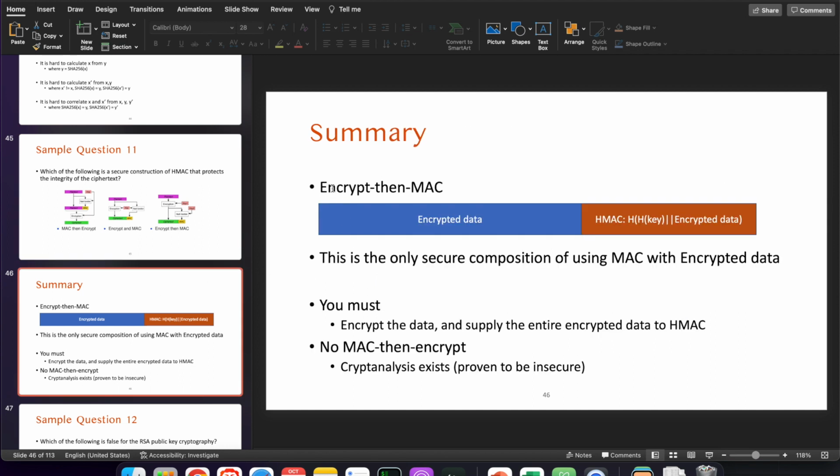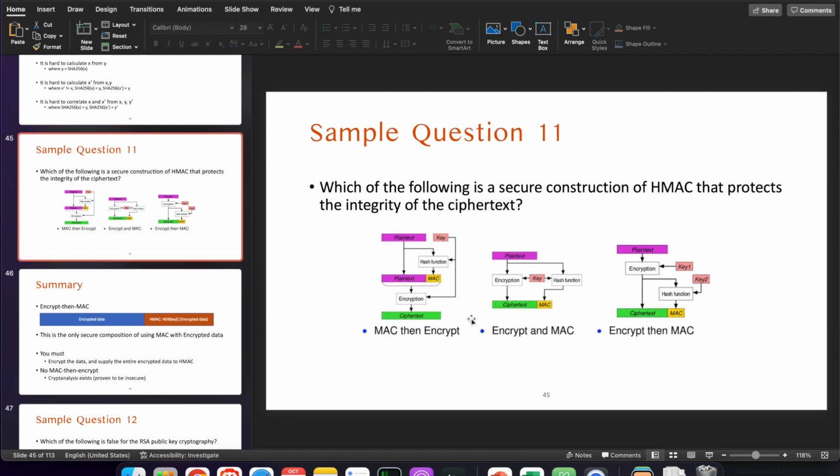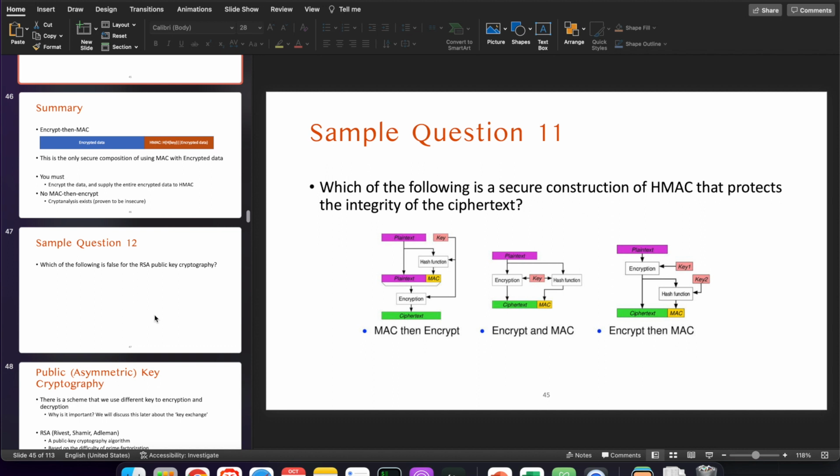Please note that encrypt then MAC, generating the message authentication code with the encrypted data, is the only secure composition of using MAC with the encrypted data. If you choose MAC then encrypt or encrypt and MAC, those will be the incorrect answers.